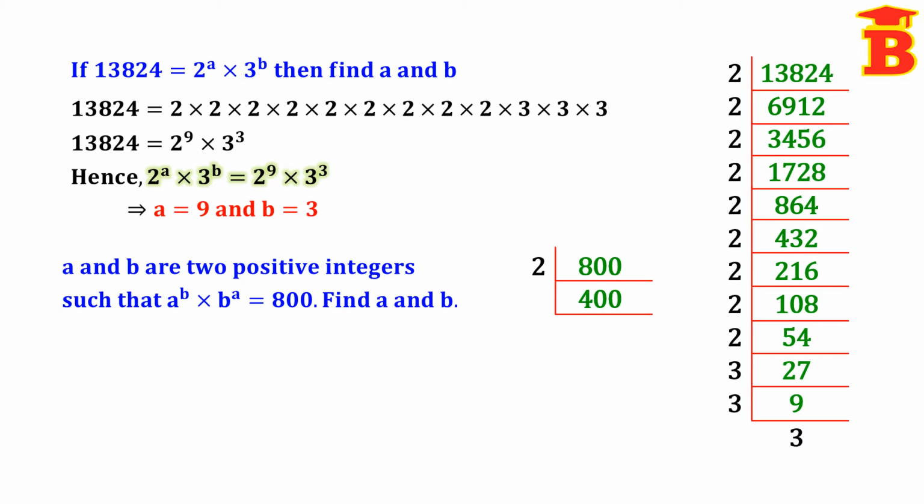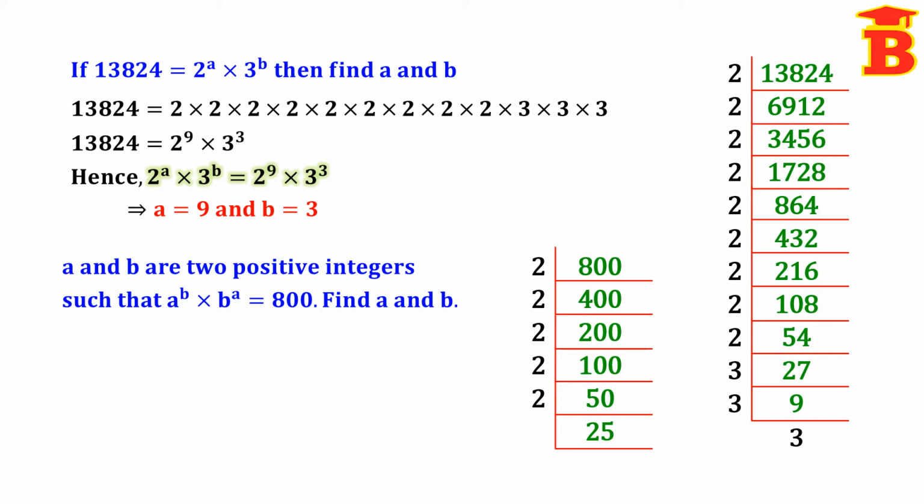We get 400. Again divide by 2. We get 200. Again divide by 2. We get 100. Again divide by 2. We get 50. Again divide by 2. We get 25. So all the even numbers divide by 2.